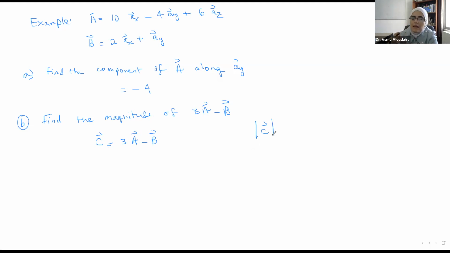Before we find the magnitude of c, first we evaluate c. So c is equal to 3 times a. a is equal to 10 a sub x minus 4 a sub y plus 6 a sub z, minus b, b is equal to 2 a sub x plus a sub y.